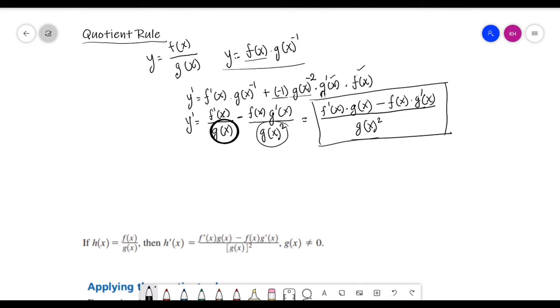So f prime x times g of x minus f of x times g prime x divided by g of x squared.